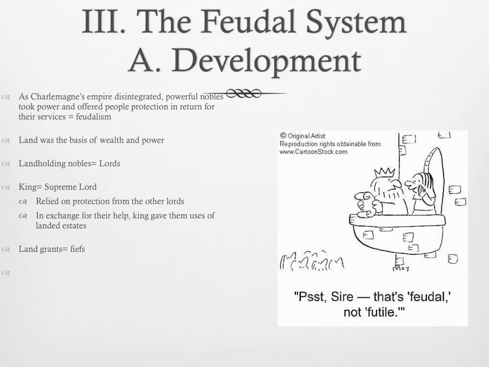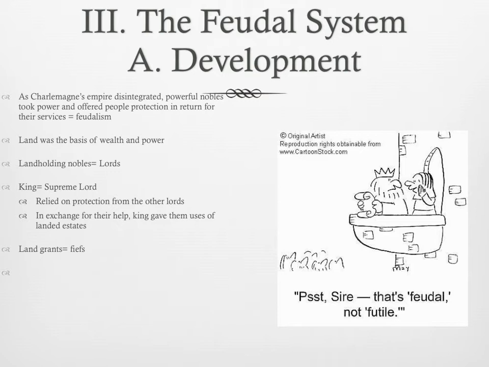And so he's relying though on getting protection from other lords. So he's technically protecting all of these lords, but he's not, because he has to depend on them to protect him, because they're going to be the ones that provide him with knights. But in exchange for their help, the king is going to give them lots of land. So they're going to get to use all of these different landed estates. And we'll get to this a little bit later, but those estates actually don't belong to the nobles at first.